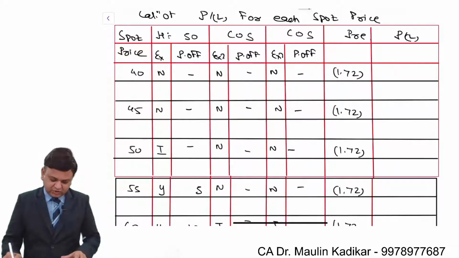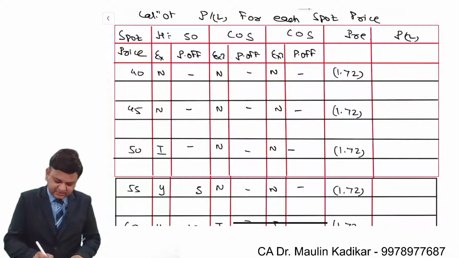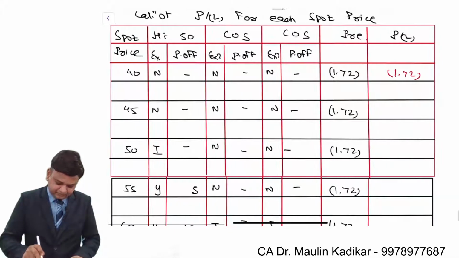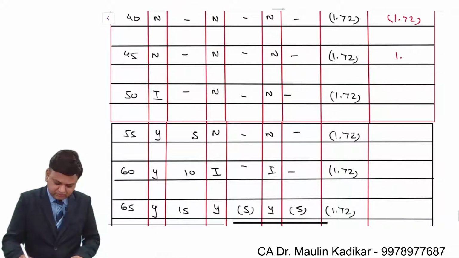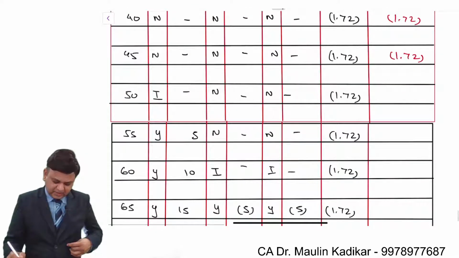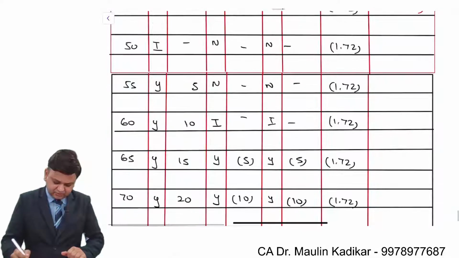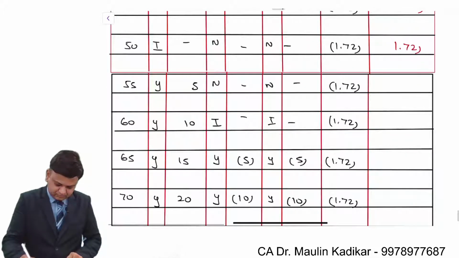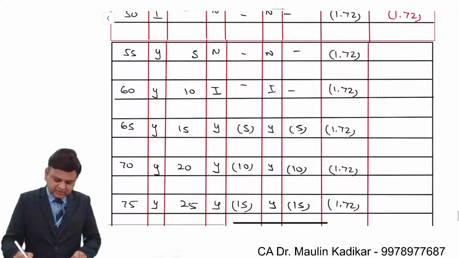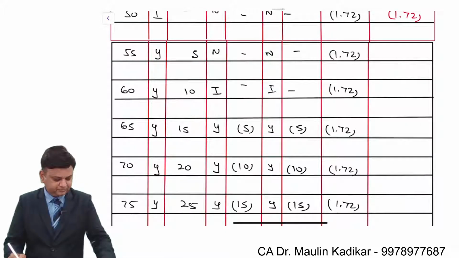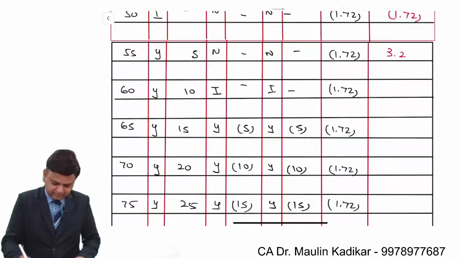Next, profit loss. In that we understand that there is a loss of 1.72. There is a loss of 1.72. Again there is a loss of 1.72. There is a profit of 3.28.